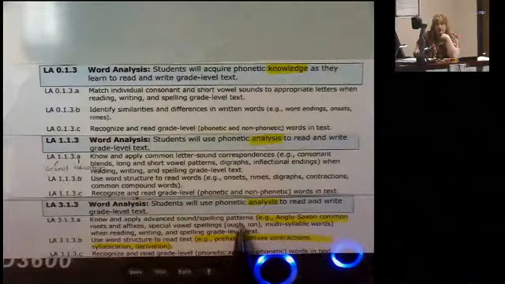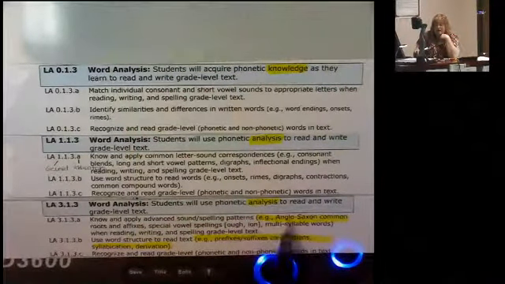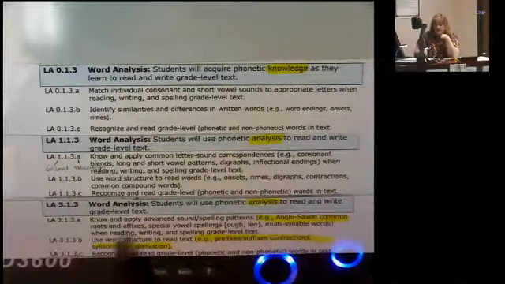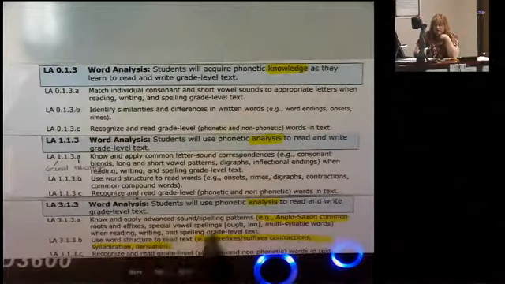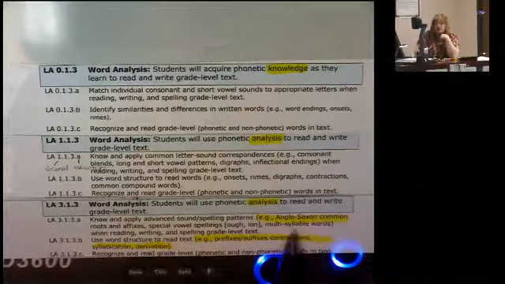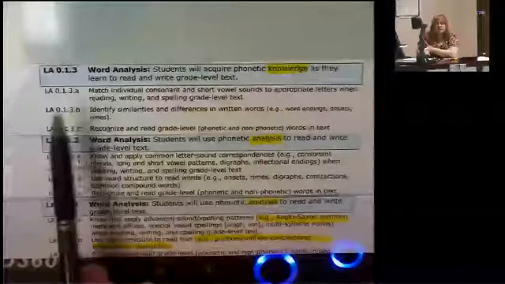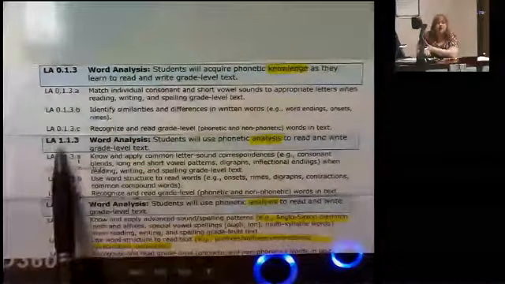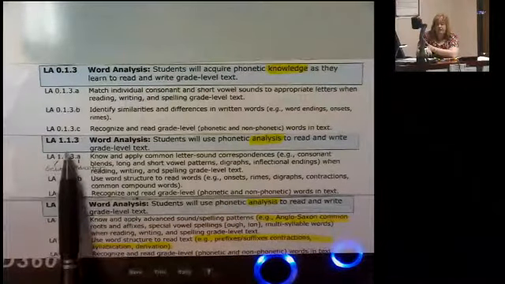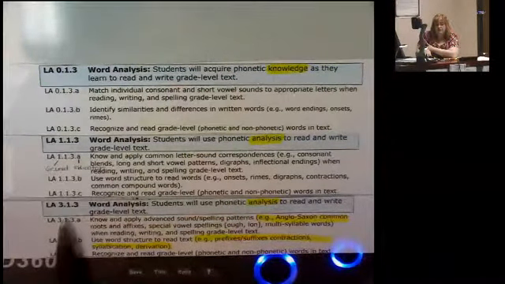So it's building on the understanding they already have. Here they give some examples: Anglo-Saxon common roots, affixes, special vowel spellings, etc. So we can see the progression from kindergarten, first grade, I did not select second grade here, and then on to third grade.